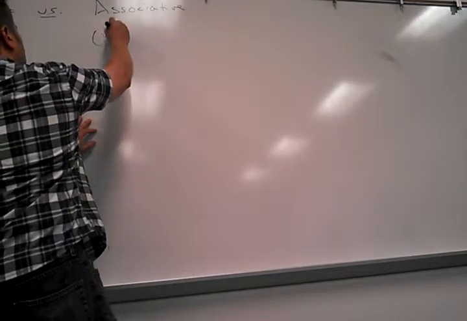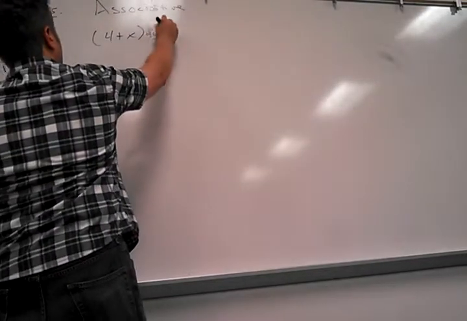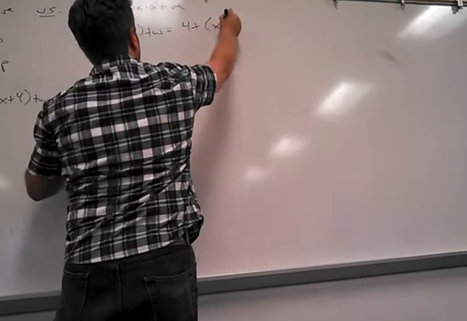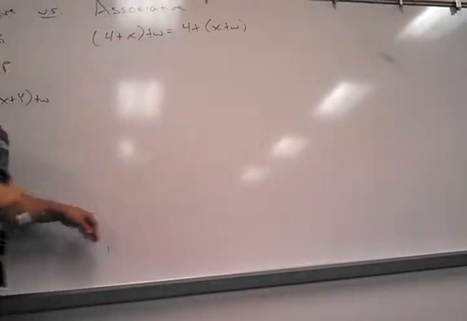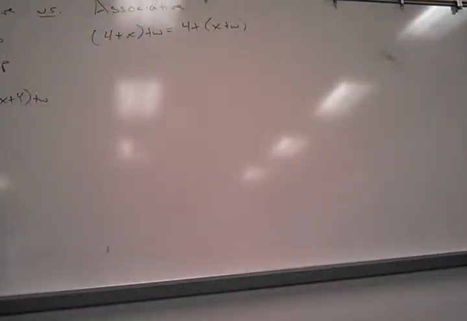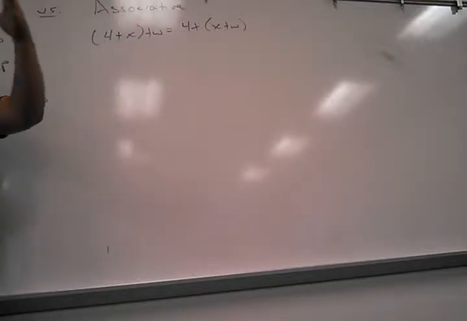Associative would be, I'll take this example. Did any individual thing, the 4, the X, the W, did any of those switch places? No. What actually changed? Parentheses. So parentheses associate.